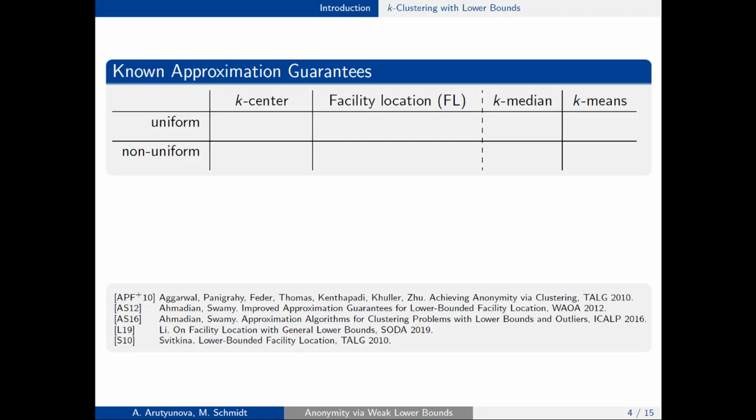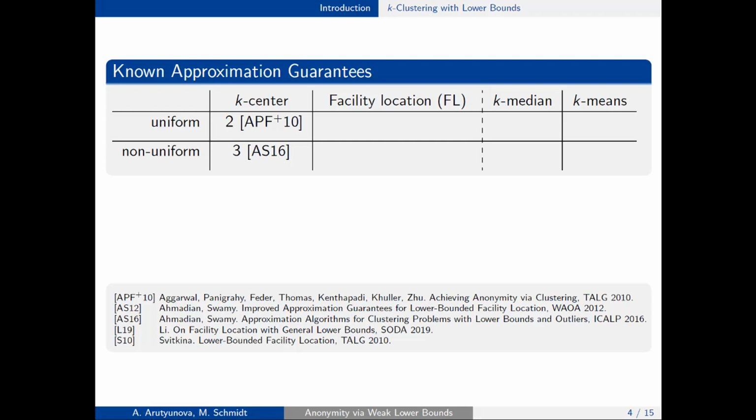There are already several approximation algorithms for clustering with lower bounds. There's, for example, a 2-approximation for k-center with uniform lower bounds presented by Aggarwal et al., and a 3-approximation for k-center with non-uniform lower bounds presented by Ahmadian and Swamy.